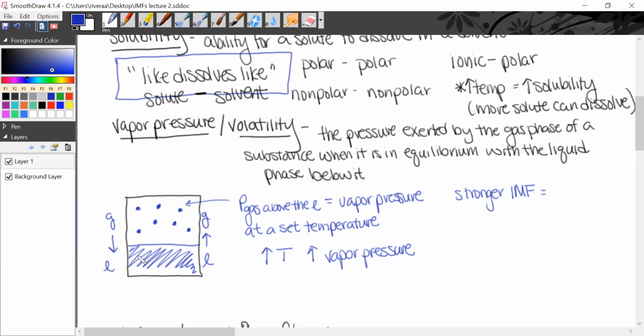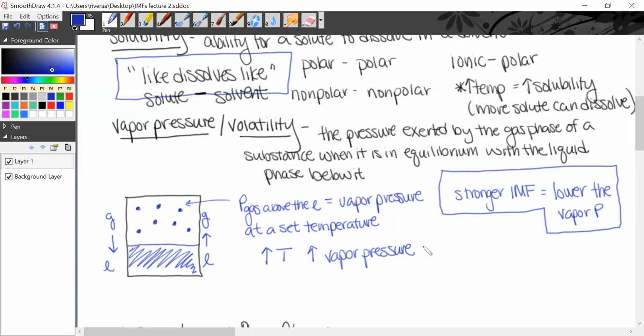So the stronger IMF you have, the lower the vapor pressure. And obviously, the weaker the IMF, the easier it is for something to become a gas.